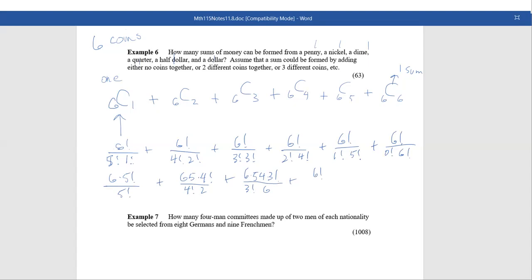And 6 factorial, 6, 5, 4 factorial over 2 and a 4 factorial. And 6, 5 factorial over that 5 factorial. And finally, this one, I think we can remember 0 factorial is a 1, so this is 1 over 1.